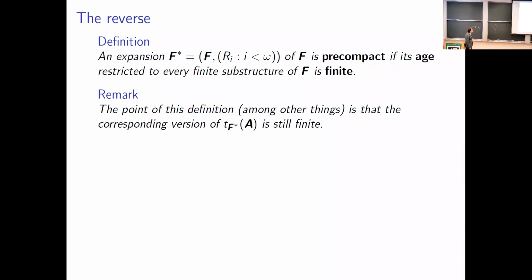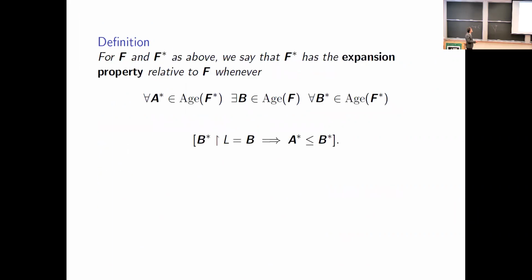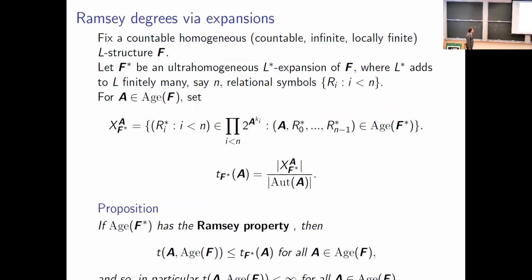And for precompact, what I said is that when you restrict to an edge, it is still finite. It's simply that this number is finite. Let me say what that number is. If you take your finite structure A and move it back, you look at how many types you are realizing in the expanded structure, and this has to be finite.